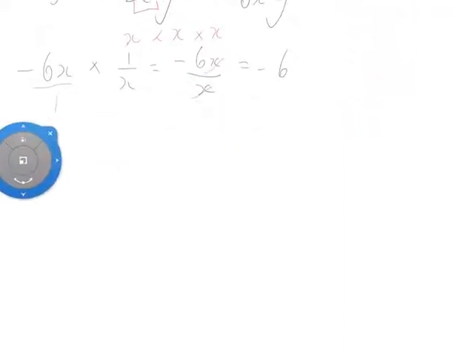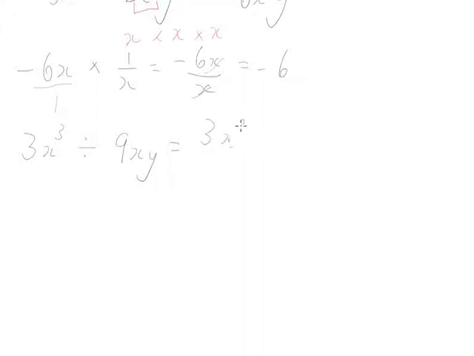Okay, if I'm dividing algebraic expressions, well, the rule is we flip the second and multiply, like what we would do with fractions. So if I have something like 3x cubed divided by, say, 9xy, I can just rewrite it as 3x cubed divided by 9xy.